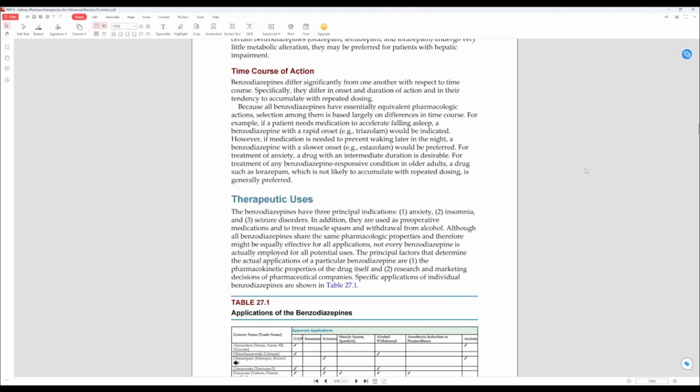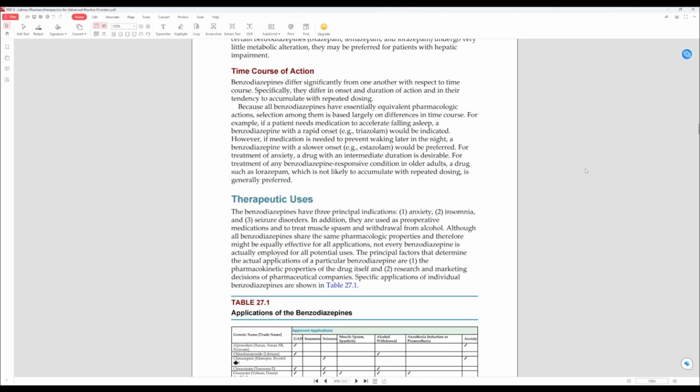The time course of action. Benzodiazepines differ significantly from one another with respect to time course. Specifically, they differ in onset and duration of action and in their tendency to accumulate with repeated dosing. Because all benzodiazepines have essentially equivalent pharmacologic actions, selection among them is based largely on differences in time course.